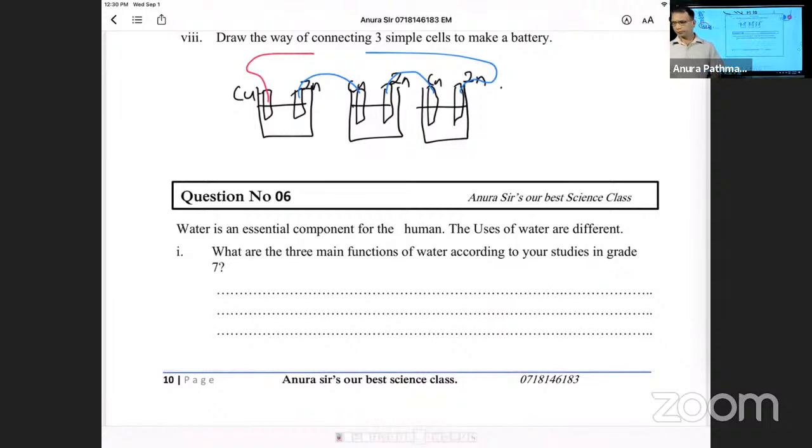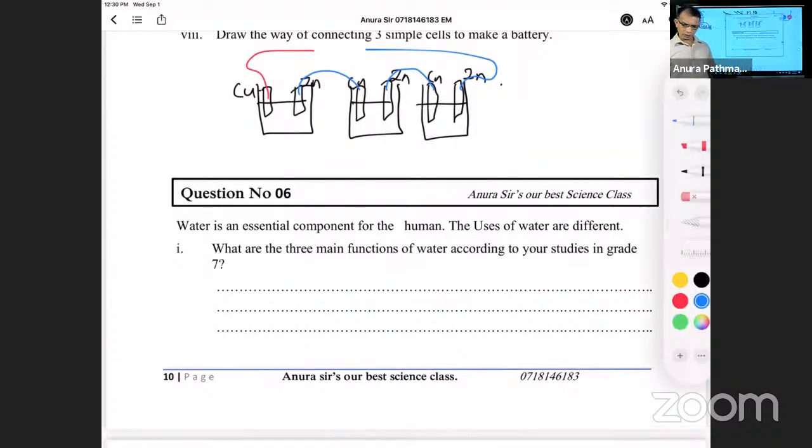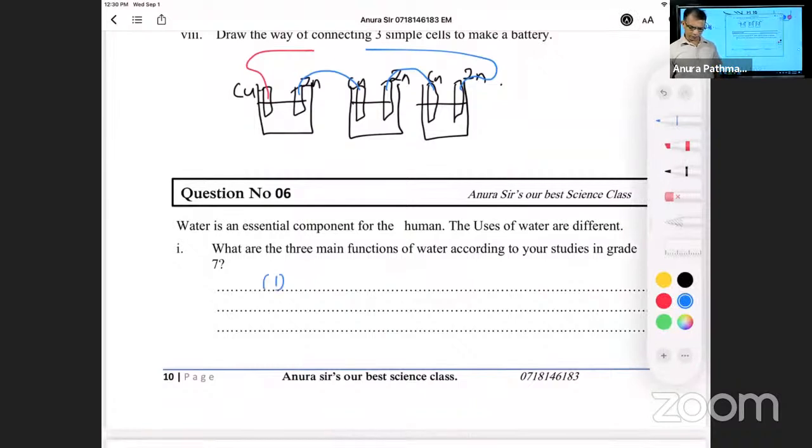As a coolant, as a solvent, as a medium of life. Very good. As coolant, as solvent, as a medium of living.